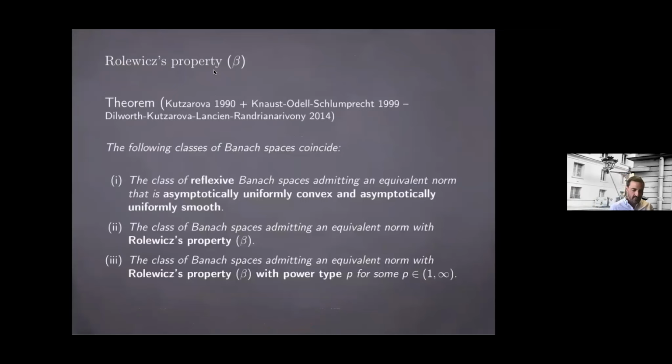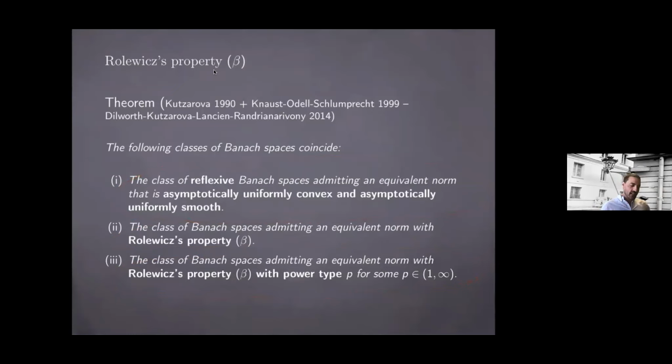So it turns out that property beta is closely related to asymptotic uniformly convex and asymptotic uniformly smooth renorming. First, property beta implies reflexivity. So when you assume that a space has property beta, you're already working in the reflexive setting. And then we know that the class of Banach spaces admitting an equivalent norm with property beta, so you can renorm so that it has beta with power type p, is the same class as the class of reflexive Banach spaces that are AUS and AUC renormable.